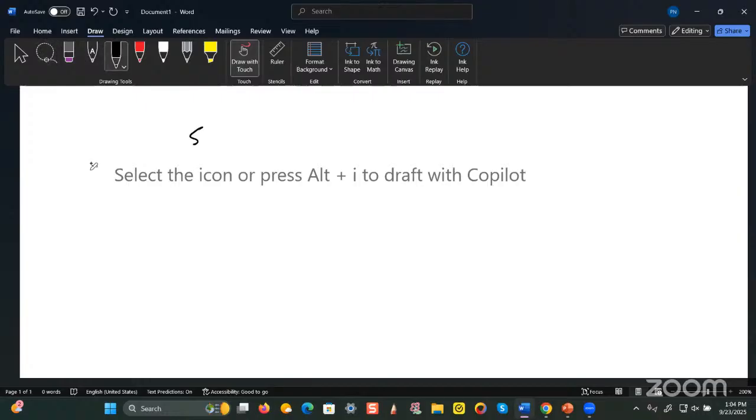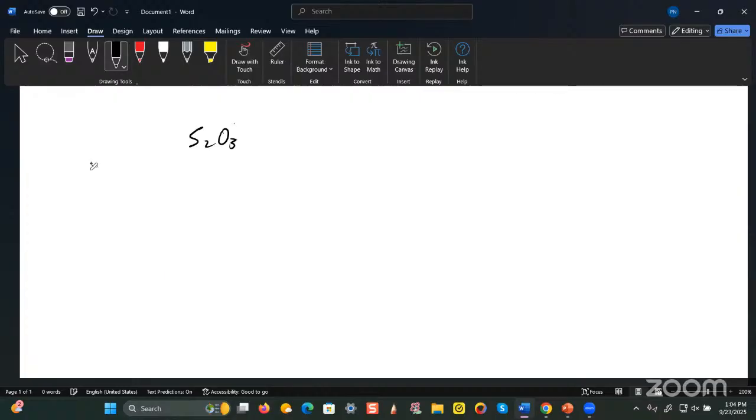Suppose you're given S2O3 2- plus NO3- to give S4O6 2- plus N2.